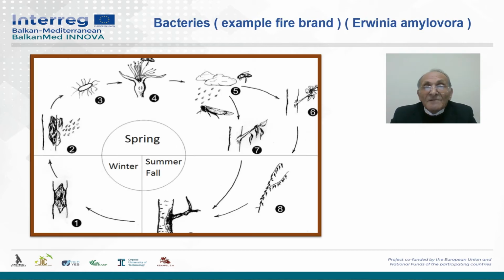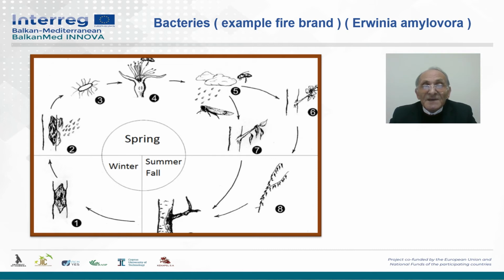This is a cycle of Erwinia amylovora, one of the most dangerous diseases in the apple and in the pear. Here the summer cycle, the winter cycle, and the spring cycle. The flowering time is a dangerous time for infection.